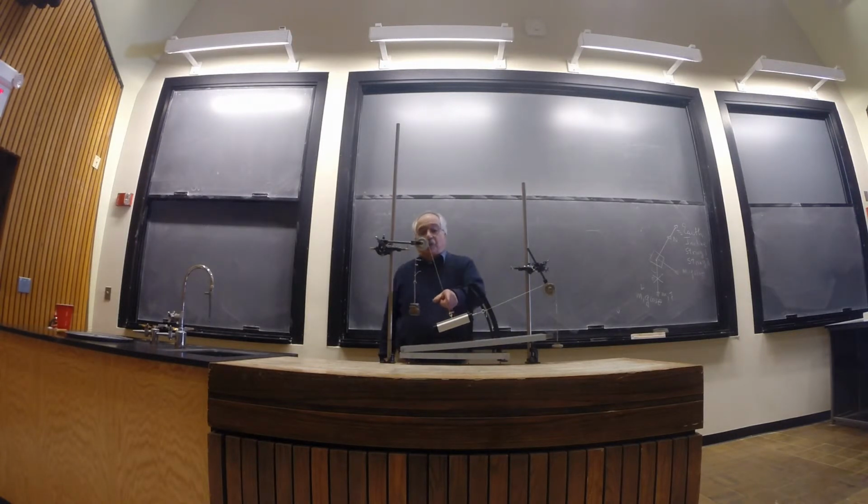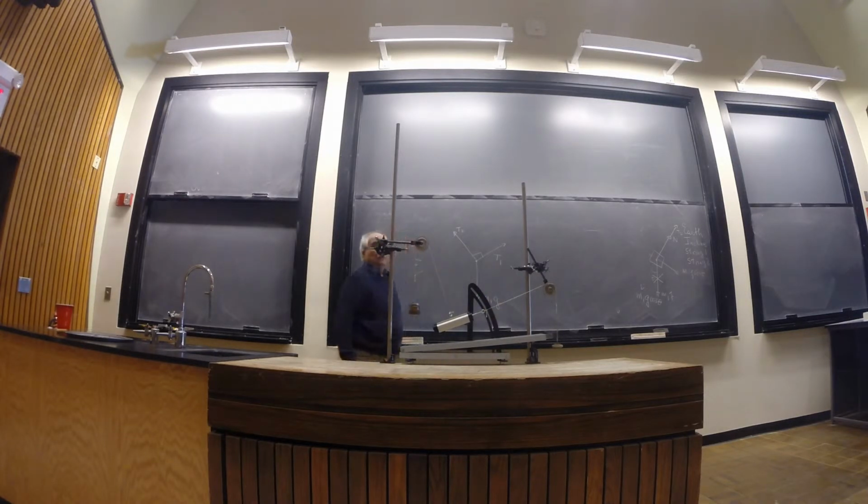These vectors are tension T2, tension T1, and the weight mg down. Which I would draw this way: up the incline will be T1. In a perpendicular direction will be T2. This is a right angle, and this would be m1g down.